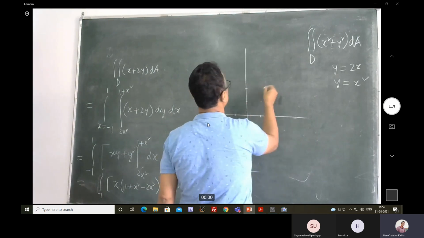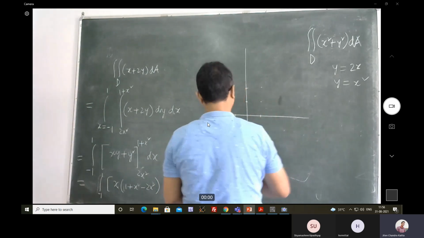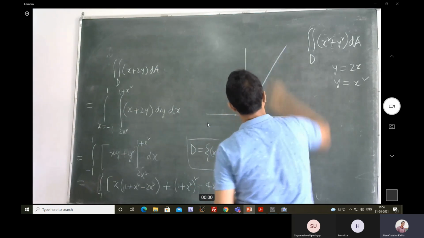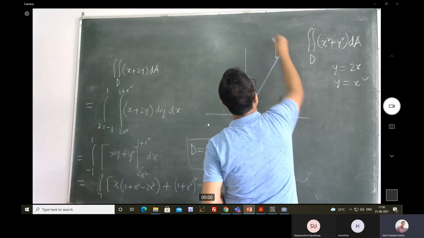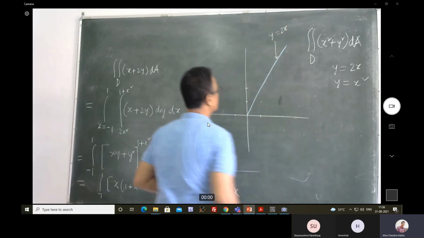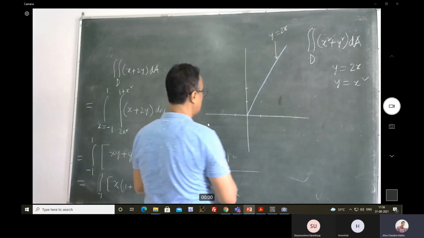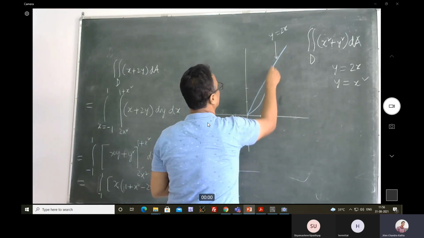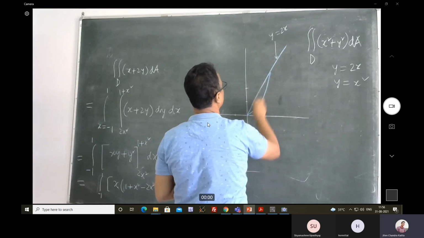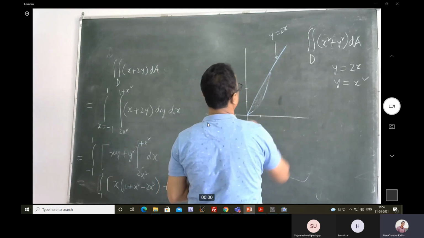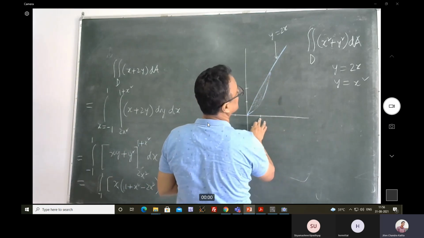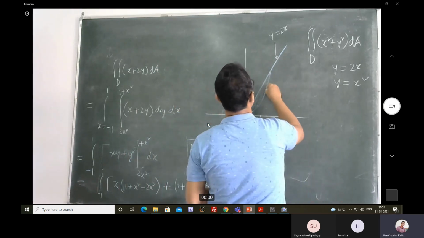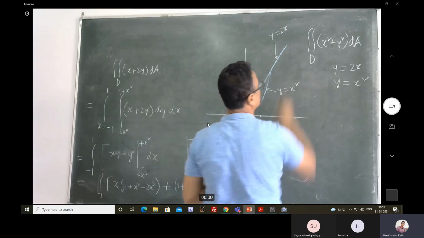So this is 1, this is 2. This is the line y equal to 2x, and this is the parabola, your y equal to x squared.